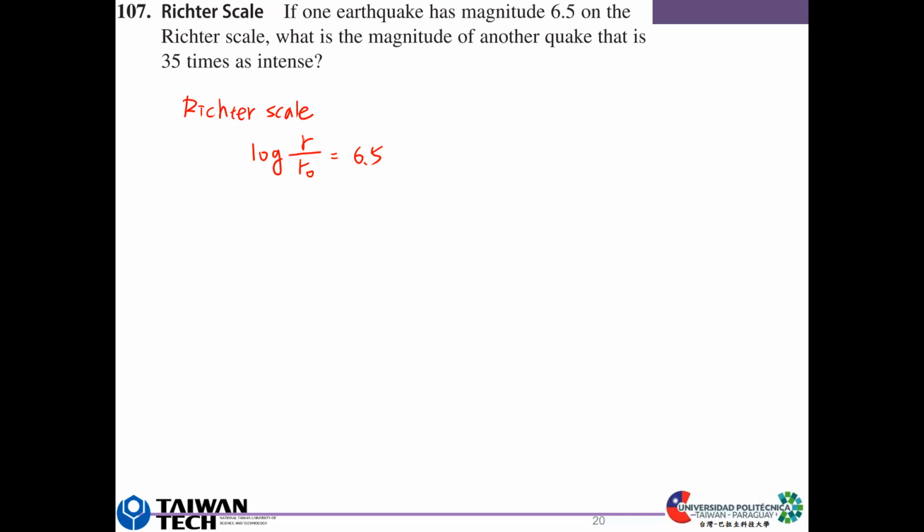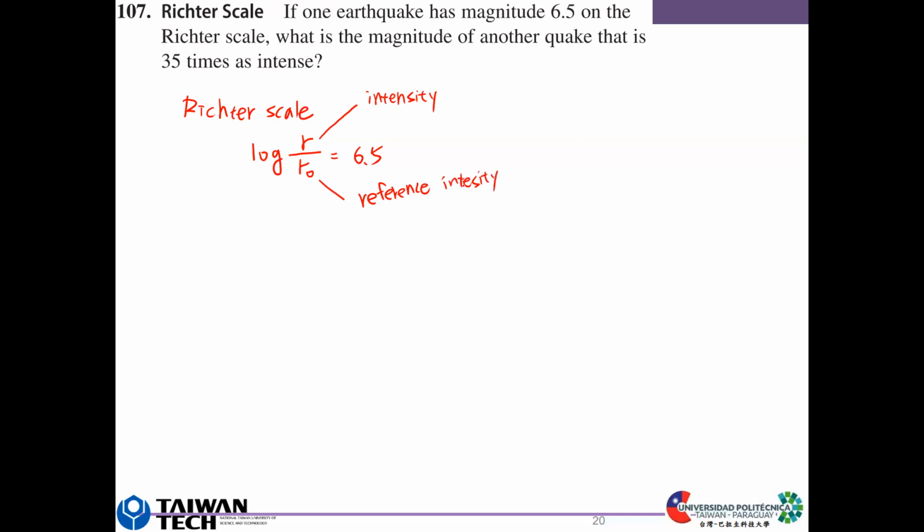Let me double check. Okay, R is the intensity of the earthquake, and R0 is the reference intensity of the earthquake.